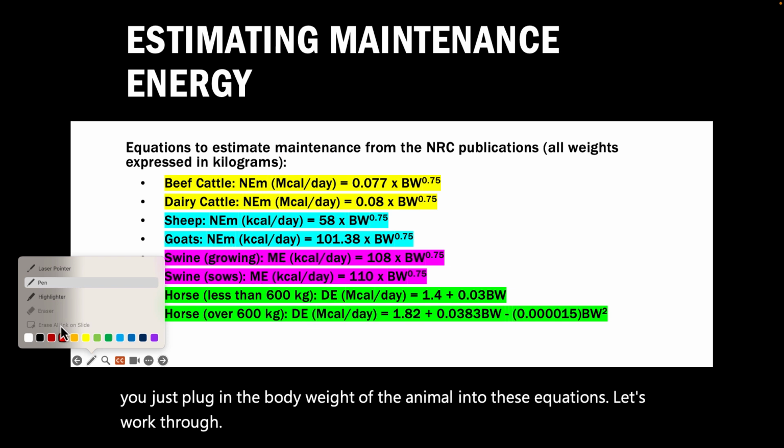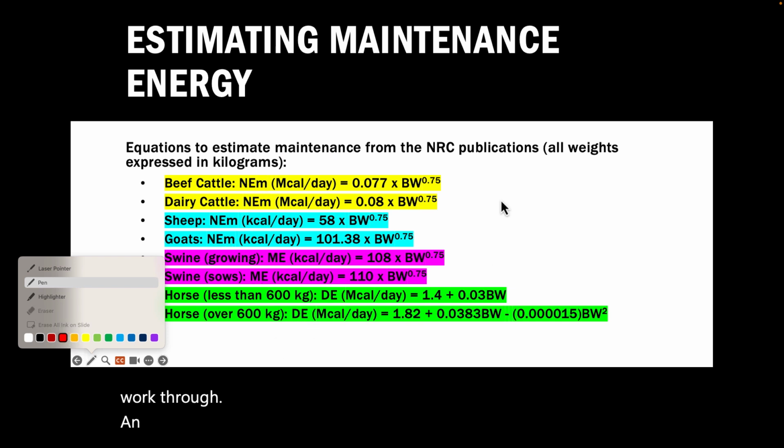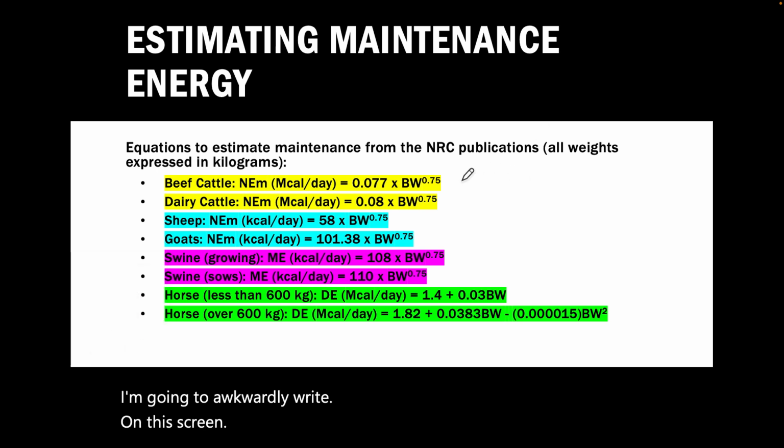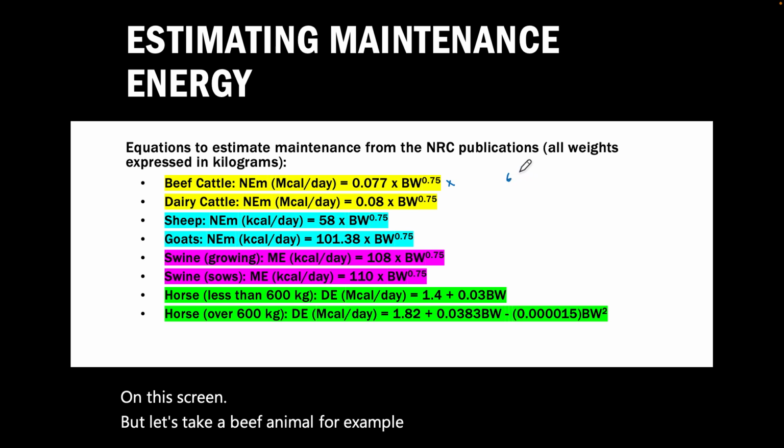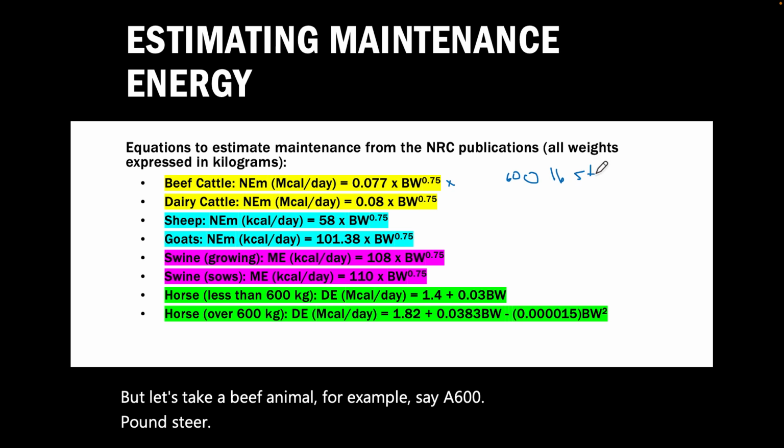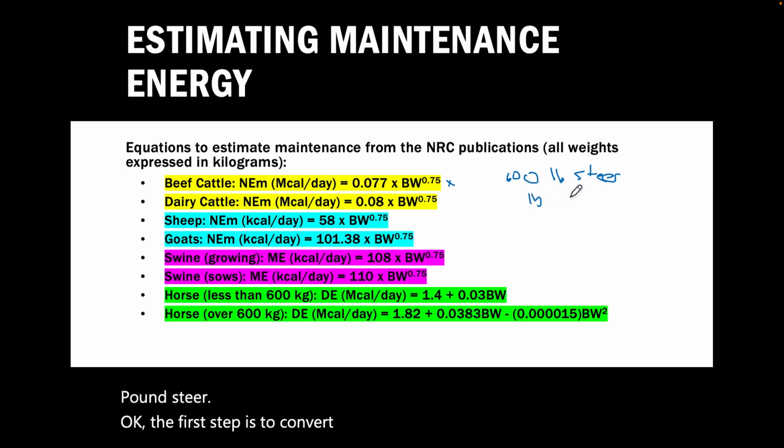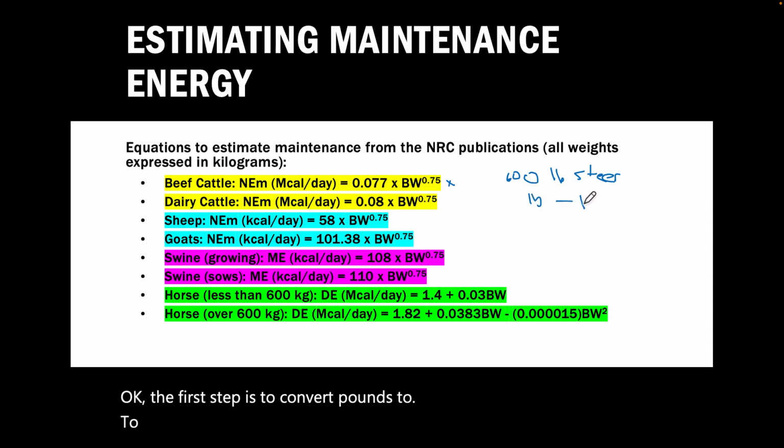Let's work through an example. I'm going to awkwardly write on this screen, but let's take a beef animal, for example, say a 600-pound steer. The first step is to convert pounds to kilograms.